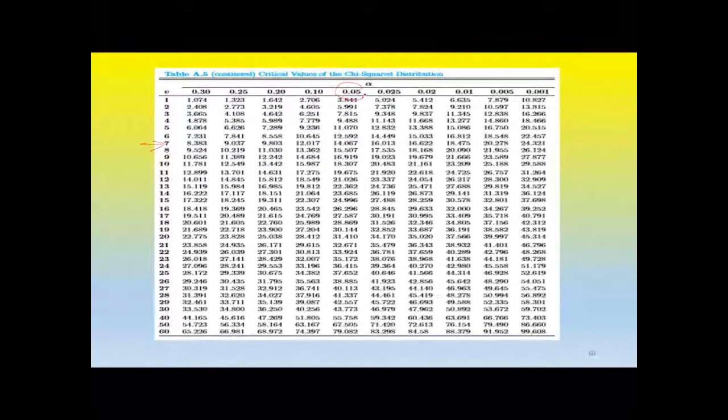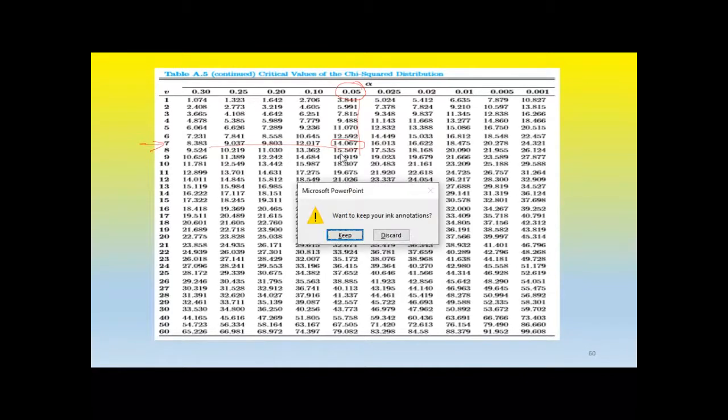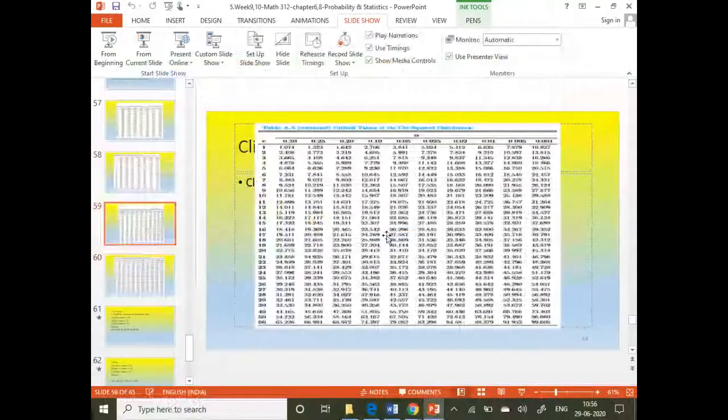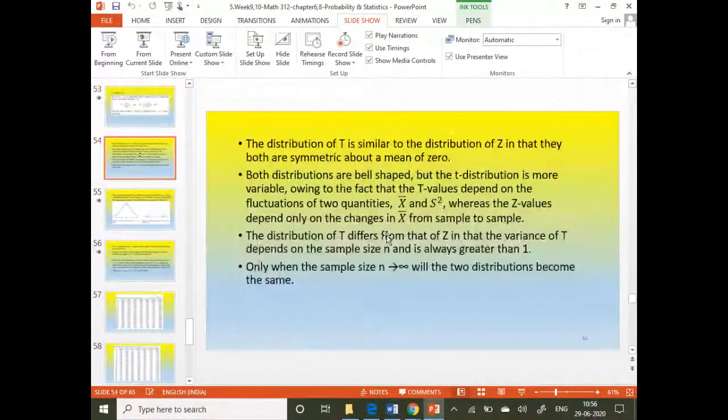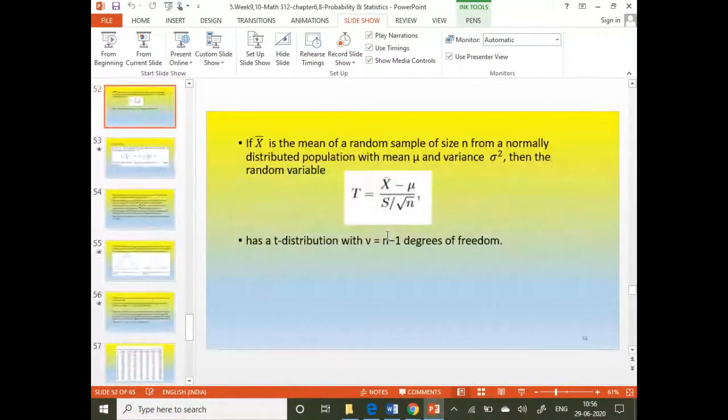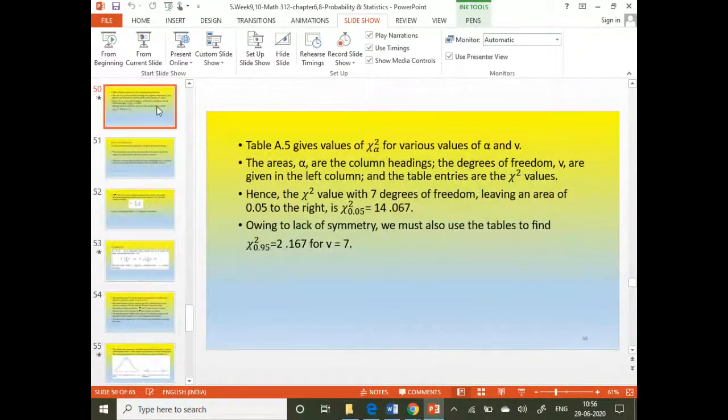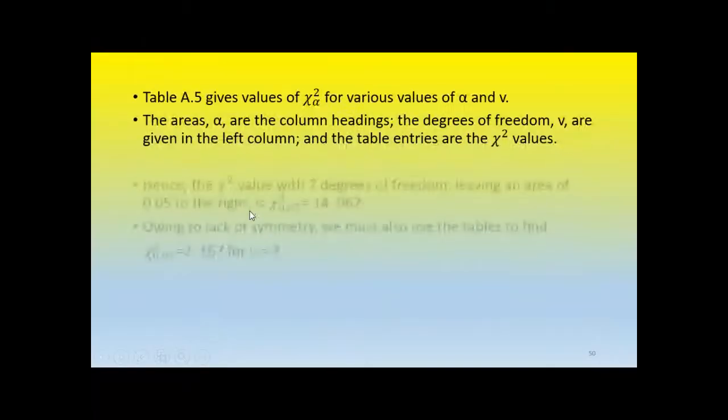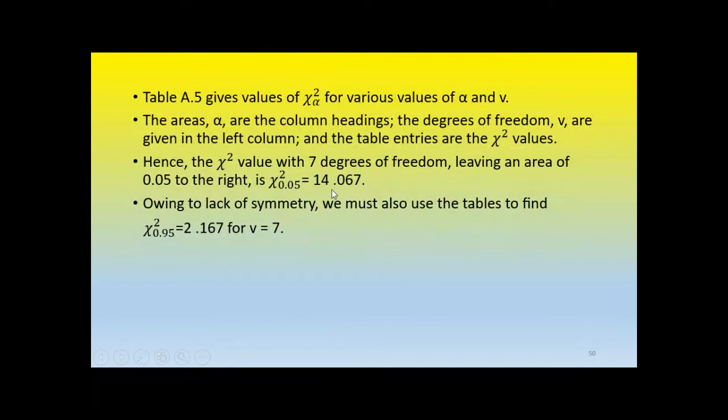This is your alpha, the area to the right side of the chi-square value. So this column and this row meet at this point: 14.067. The answer given is right, isn't it?